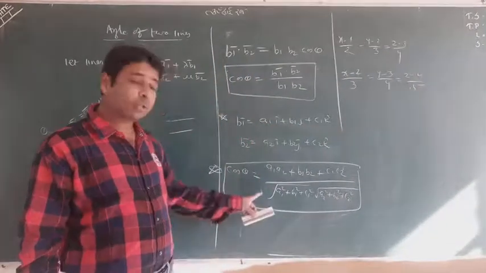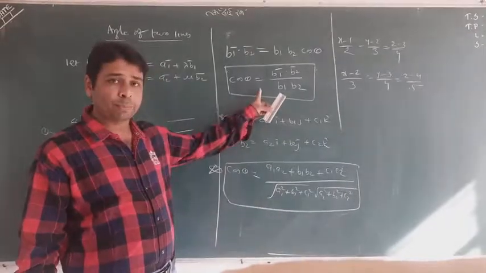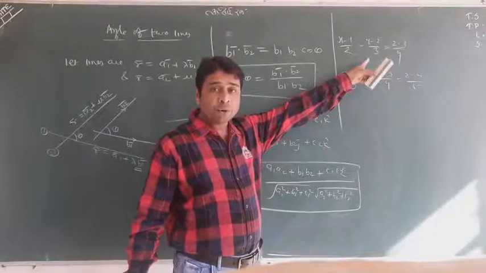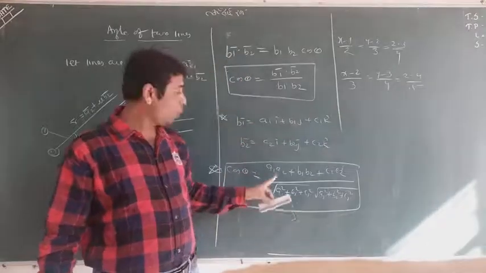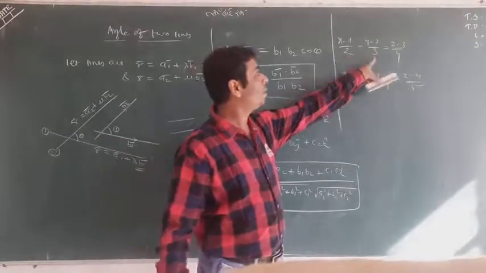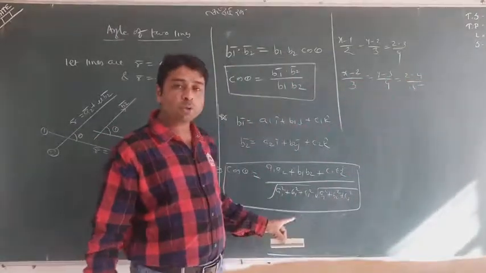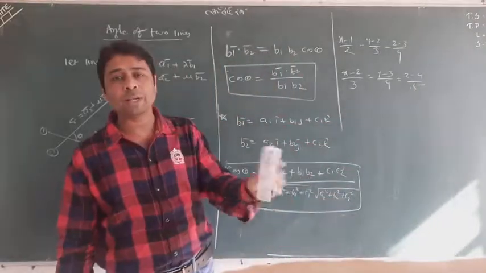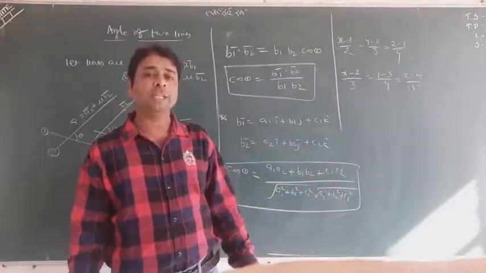You can use the Cartesian form or the vector form. In this case, the lines are given in Cartesian form, so you can use this formula. What are A1, B1, C1? Ratios of the first line, this. A2, B2, C2, ratios of the second line, this. Put in the values and get your answer. That's a very easy thing.